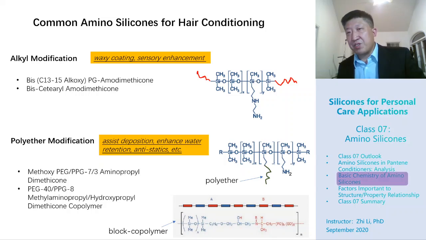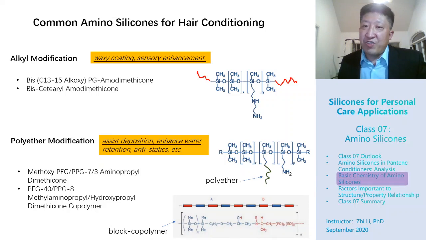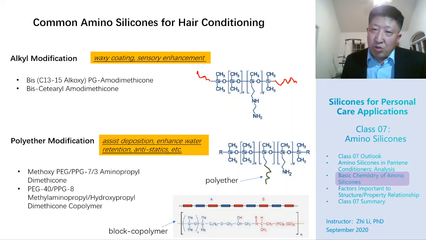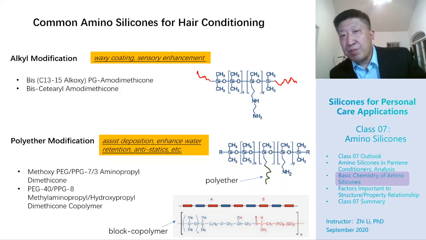Again, personal preference. Not a big fan of very hydrophilic ones. But with some modifications, I understand they could help water retention a little bit on the damaged side, potentially anti-static, etc. I list some common polyether modifications here.